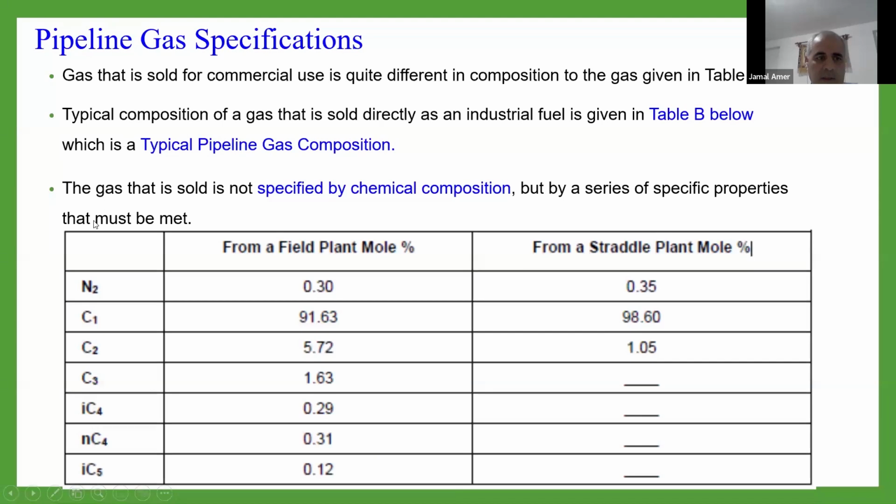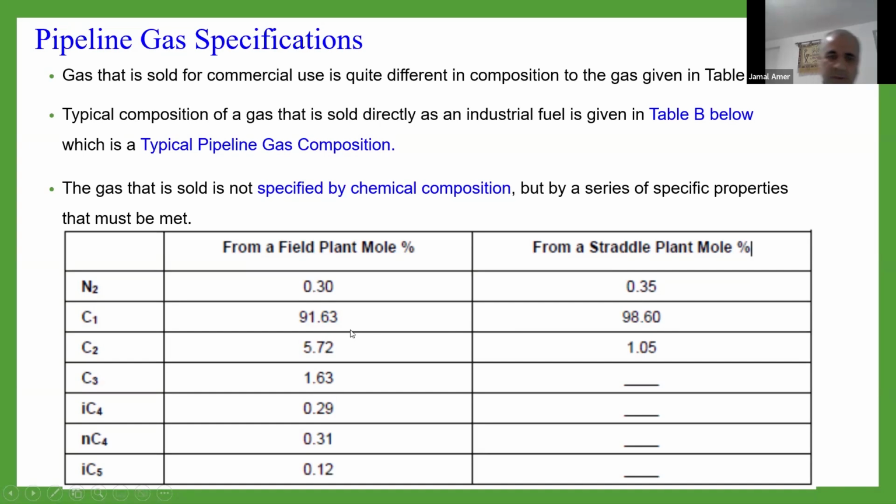In Table Two, we see the analysis of the final point of export from the straddle plant. We have here around 89.6.